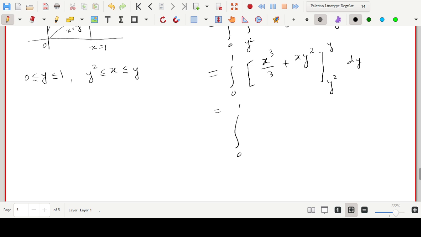So x cube, here first it is y cube over 3 plus y cube minus y power 6 divided by 3 plus y to the power 4, dy.